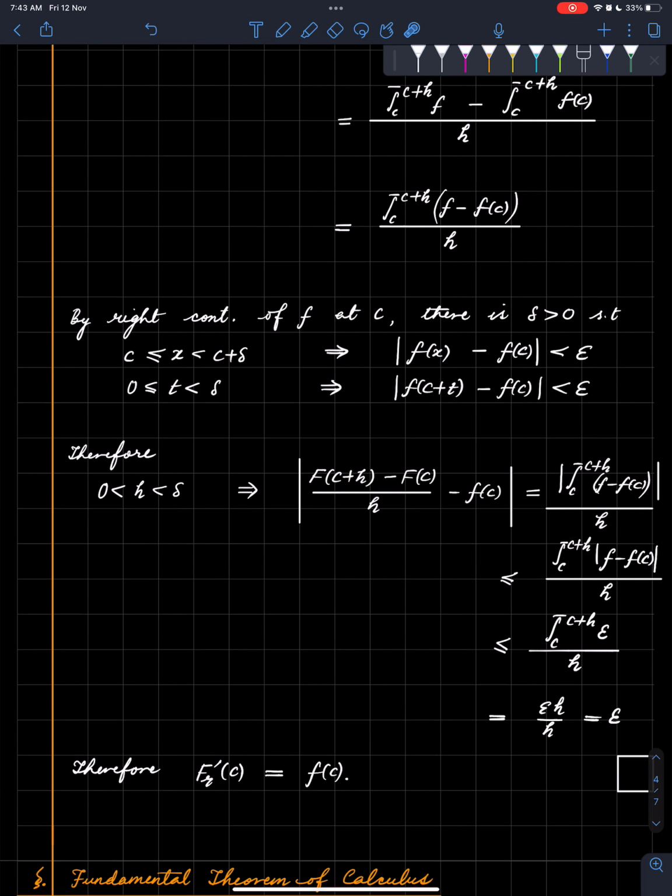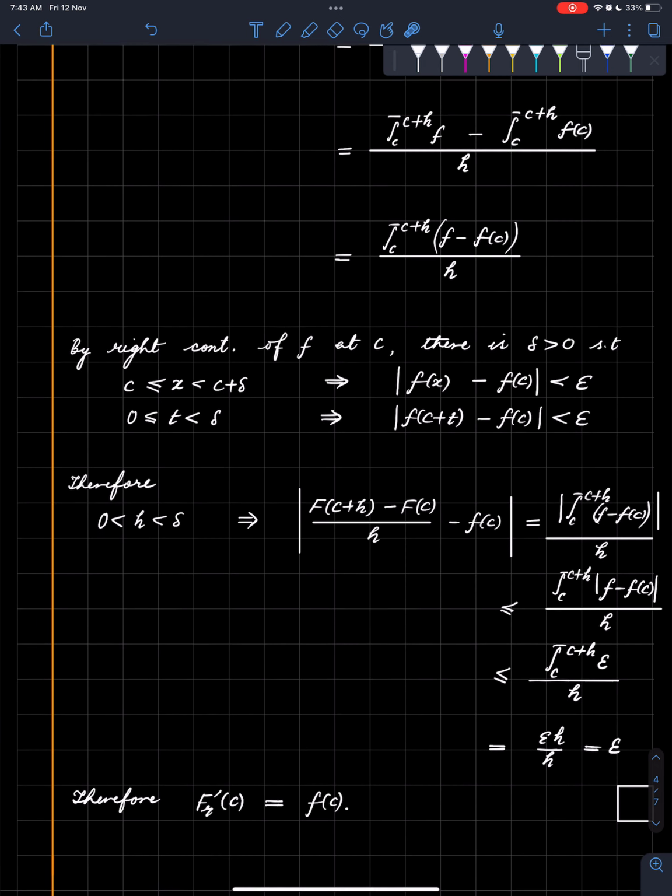So the absolute value of this quantity can be estimated from above by this integral, and this we can further, because of right continuity, control. So if this value is at most epsilon throughout some delta, throughout this region, then you can upper estimate this upper integral by this upper integral, which is equal to epsilon. Okay.